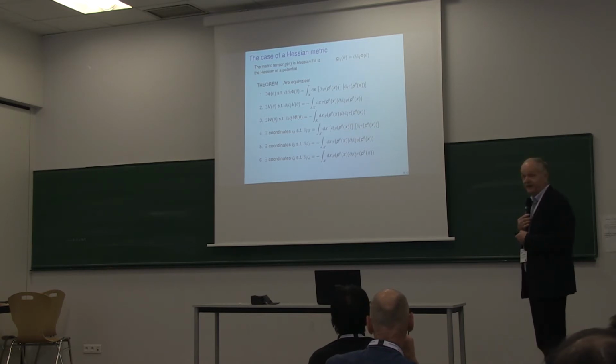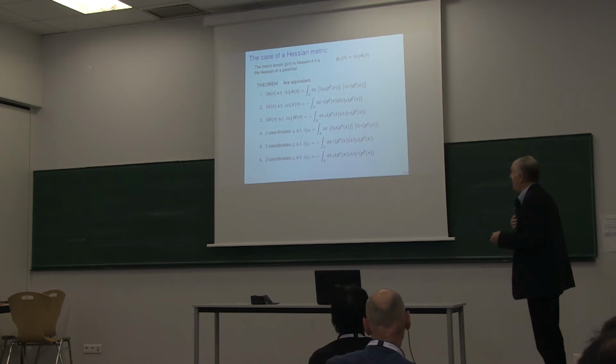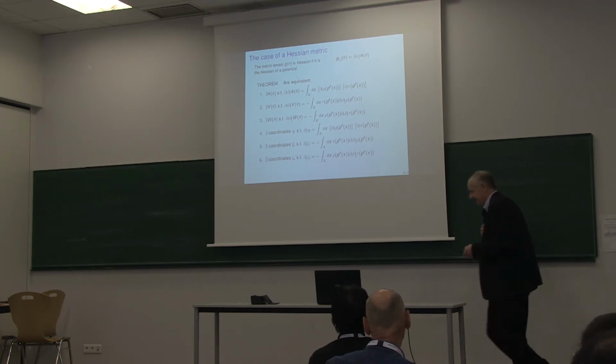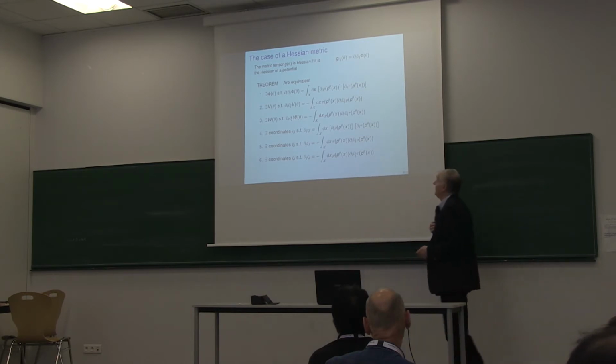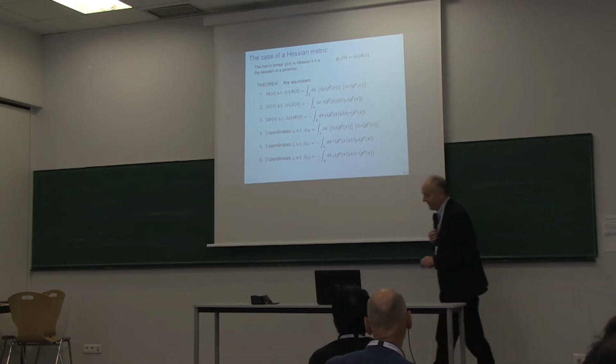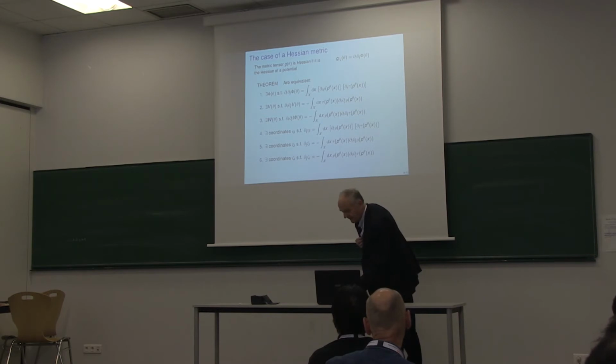And that again I have Hessian metric. And the same for the 2 other coordinates, which you can define in a similar way. So that's a rather abstract theorem about when the model will have a Hessian metric or not.